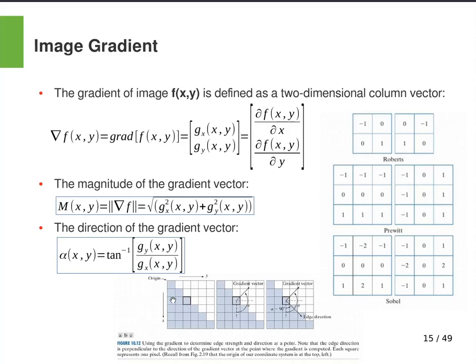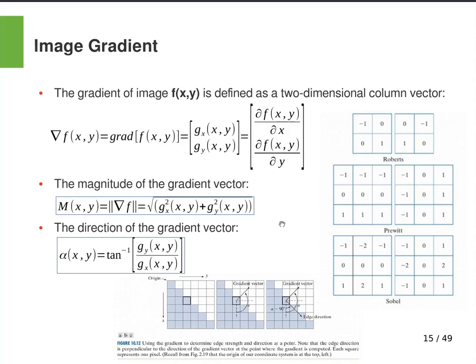The gradient of an image f of x and y is defined as a two-dimensional column vector for any individual pixel, and the components of this two-dimensional vector for each point are going to be the derivative along the horizontal axis and the derivative along the vertical axis. These are the things that I have discussed before as well. So the magnitude of the gradient vector at any location is calculated by this equation, and the direction of the gradient vector is calculated by this equation.